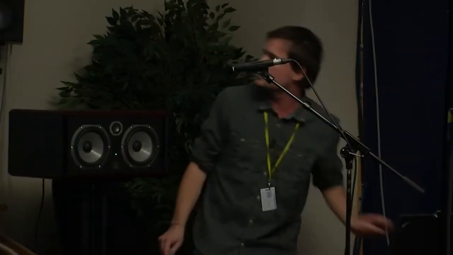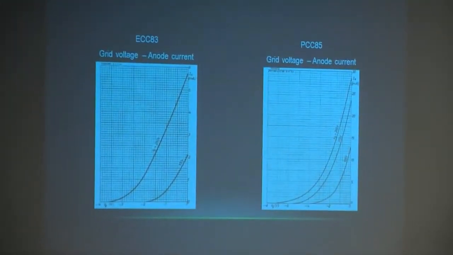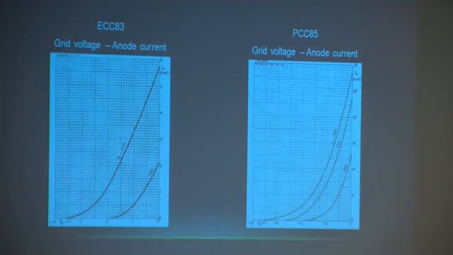I'm not sure how much you can see from here, but this is the anode current characteristics of the ECC83, and this is the PCC85.